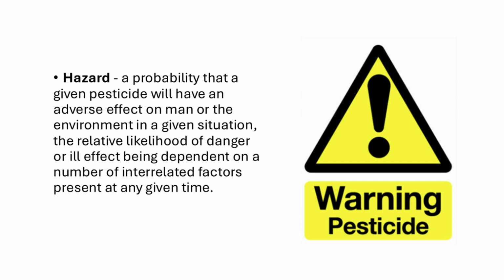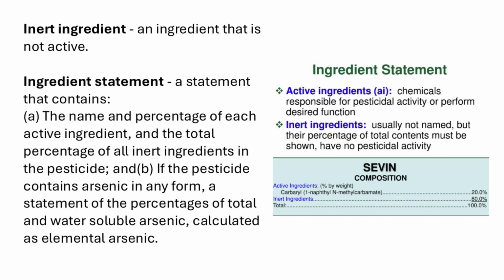Hazard. A probability that a given pesticide will have an adverse effect on man or the environment in a given situation, the relative likelihood of danger or ill effect being dependent on a number of interrelated factors present at any given time. Inert ingredient. An ingredient that is not active.